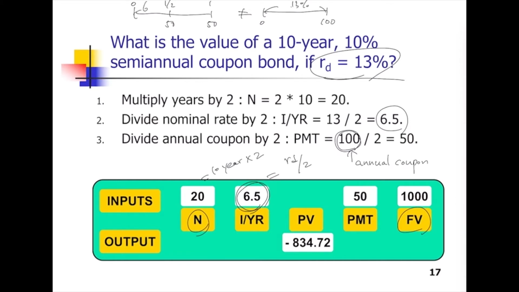In this case, 6.5% is used because it ignores compounding. When we get the coupon 2 times, we can reinvest the money. So the EAR is better for explaining the annual rate.